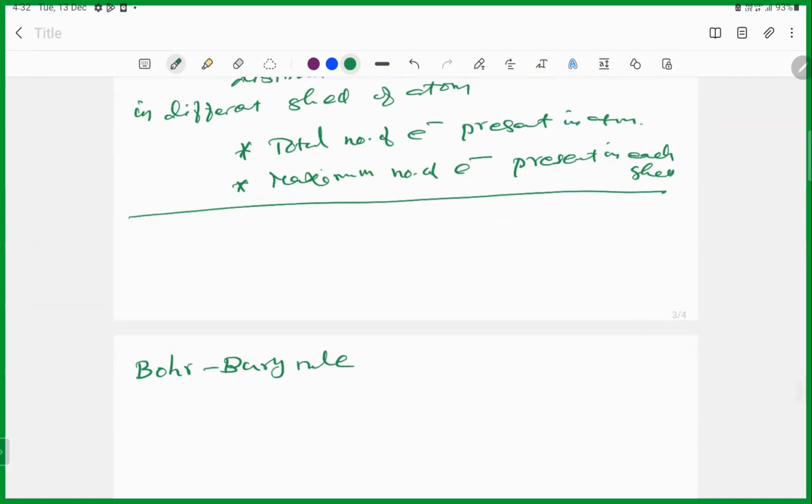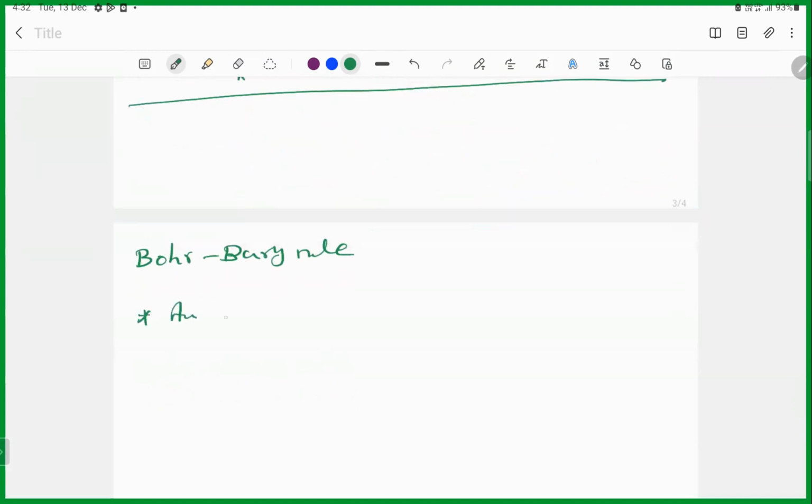So what are the rules? The first is the Bohr-Bury rule.